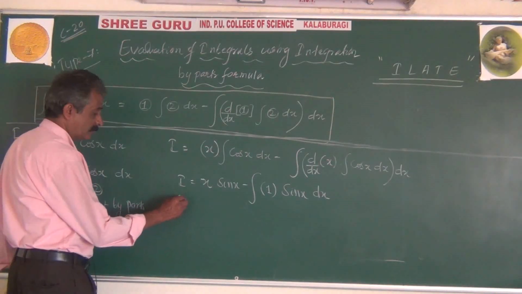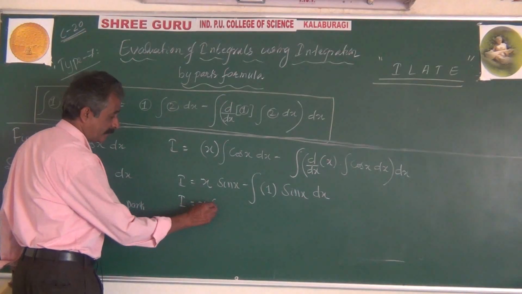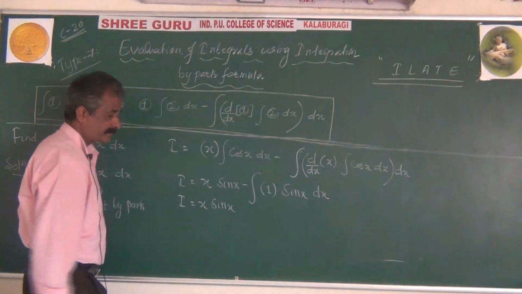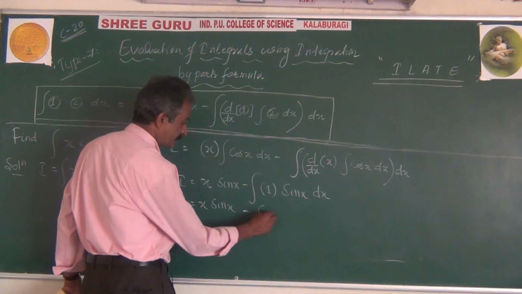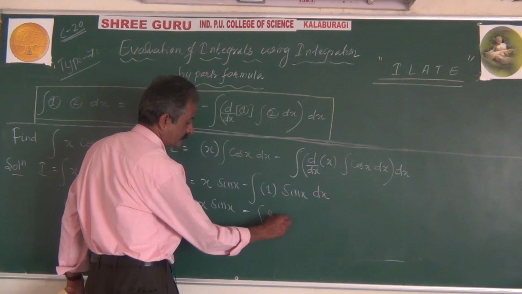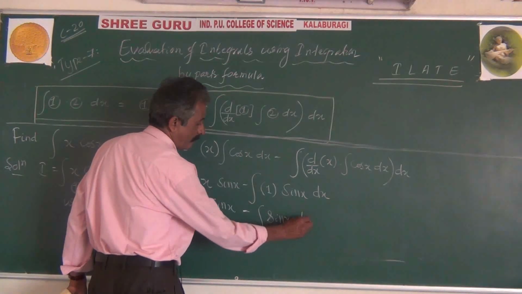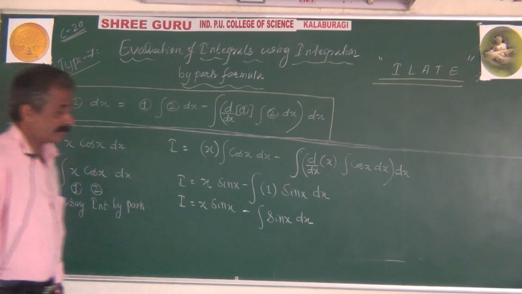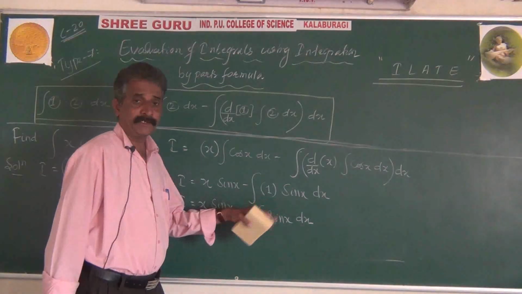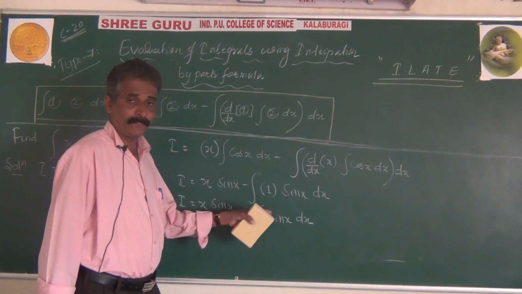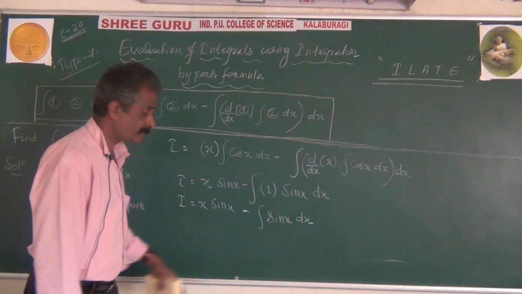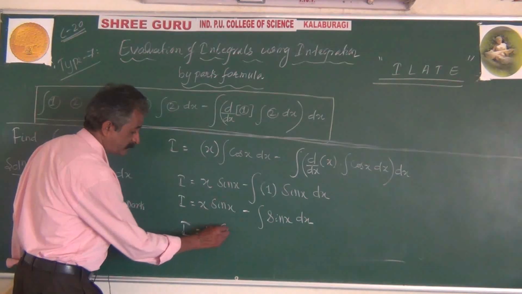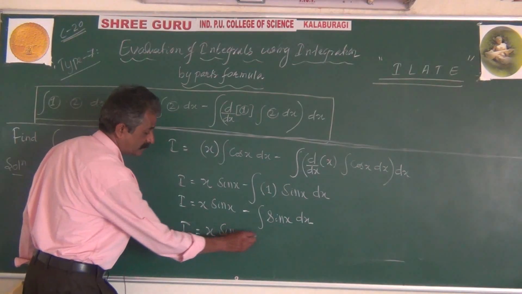Finally, I equals to x into sin x minus 1 into sin x, that is integration of sin x dx. And further, integration of sin x is minus cos x, minus into minus will become plus cos x. Finally, I equals to x sin x plus cos x plus constant.